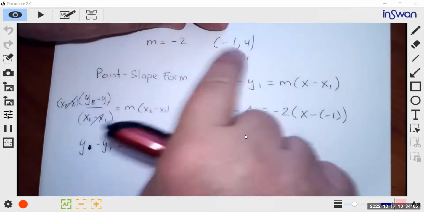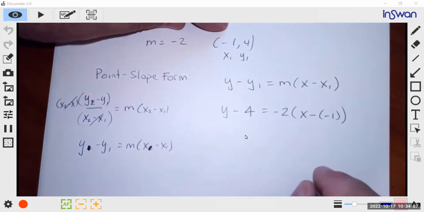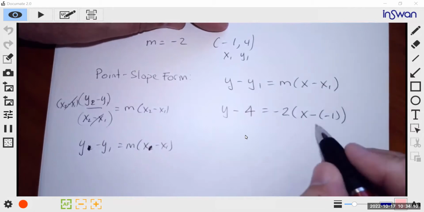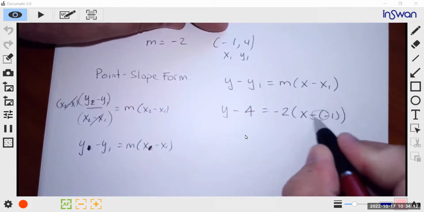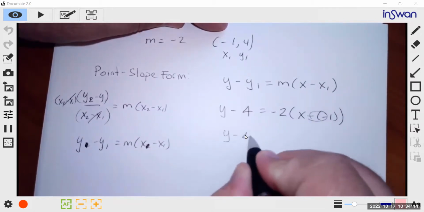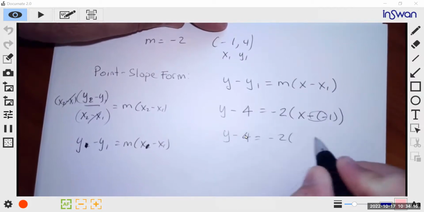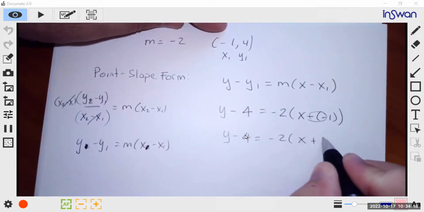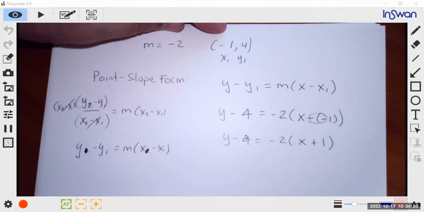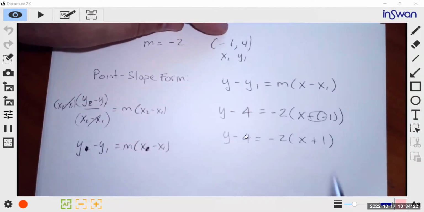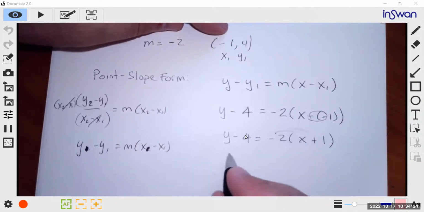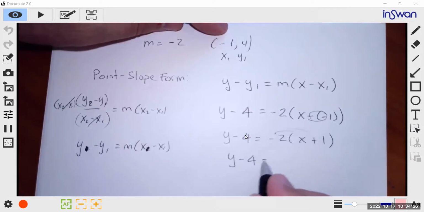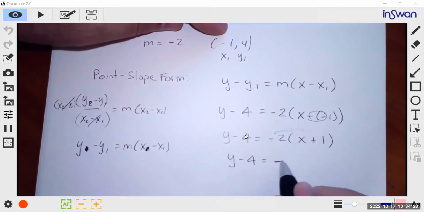So since I have a point and a slope, I use the point slope formula. Negative and negative becomes positive. I distribute. Negative times positive is negative. 2 times x is 2x.